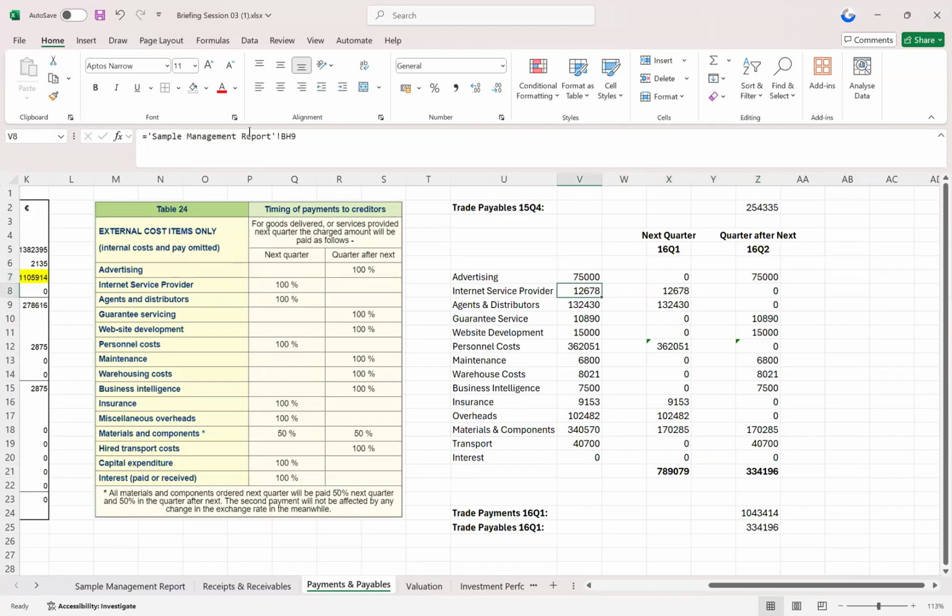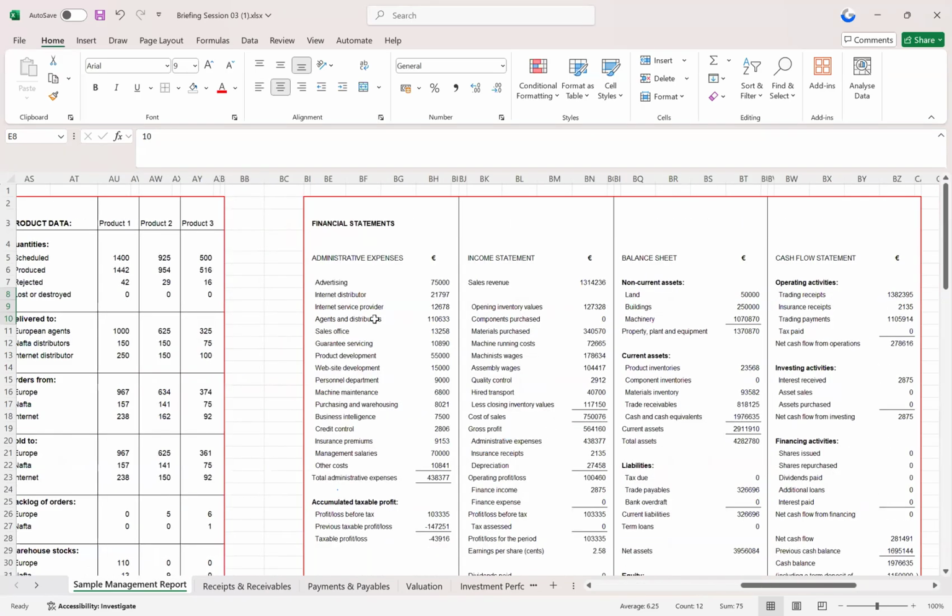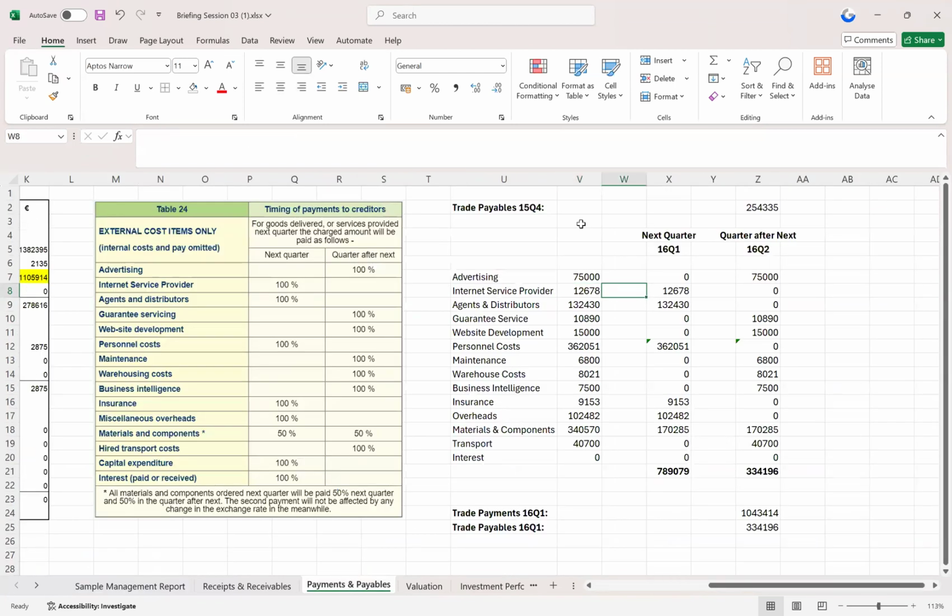Similarly, for internet service provider, all the formulas are here. I made an expense of 12,678 euros, all of which goes in the next quarter.